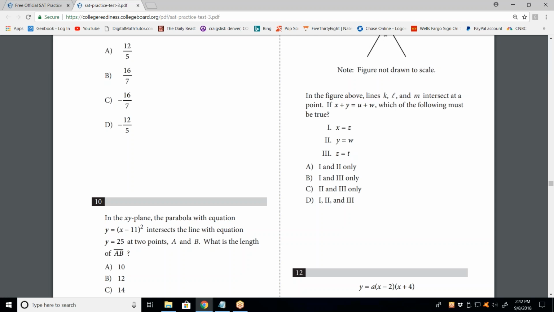So the worst cardinal sin is to run out of time before you've guessed on everything. And the best way to do that is with that system, I think, where you answer the first time through everything you know how to answer, whether you're certain of it or not. If you know how to do the problem, give it a shot and answer it. And then the medium ones you're not sure if you know how to do, put a single check mark by.